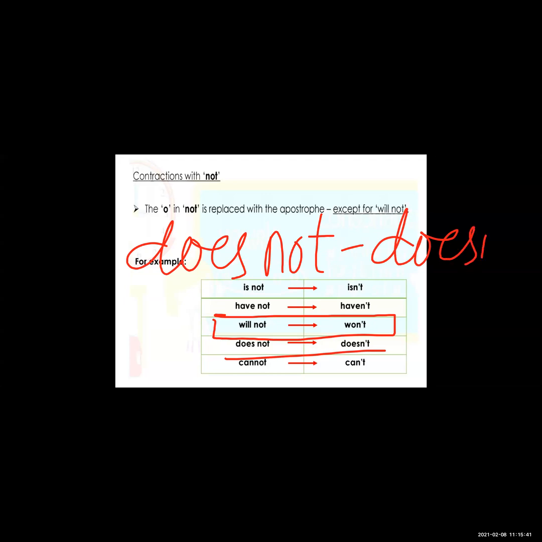Doesn't. See here, does not. So how will we make it? Does, then n, and then we replace this O with an apostrophe and then t. Okay, so this is doesn't, does not, doesn't. Now the next one is cannot.